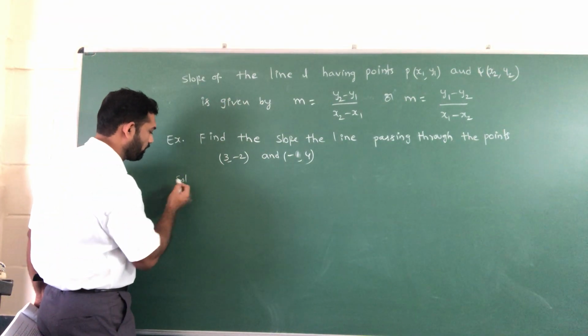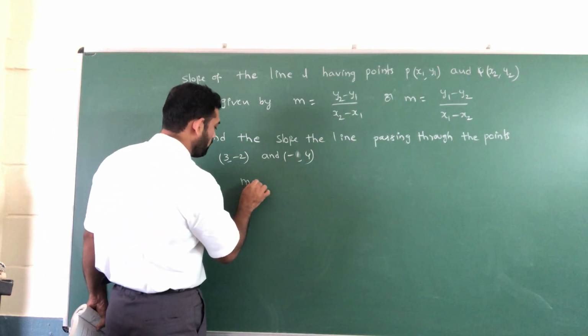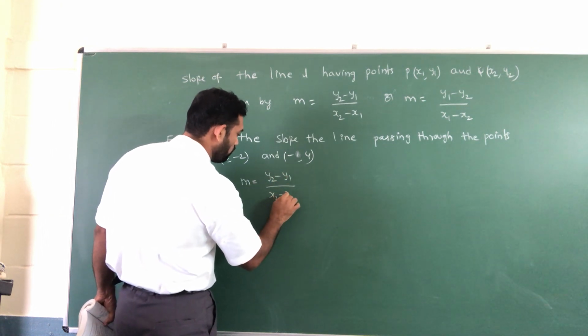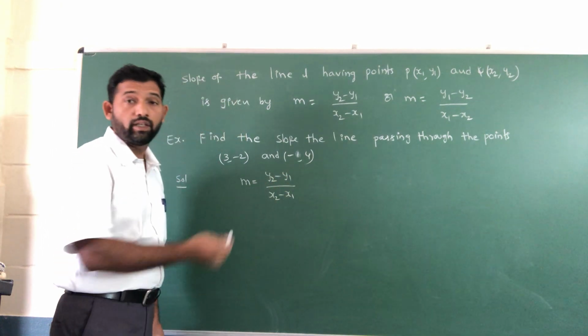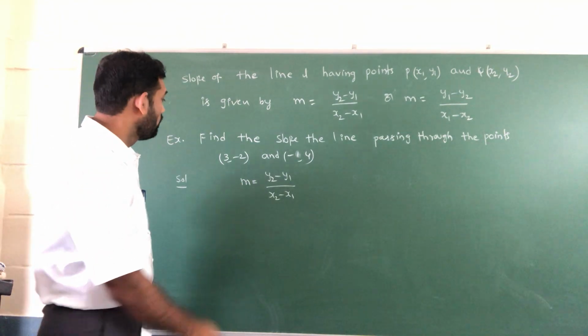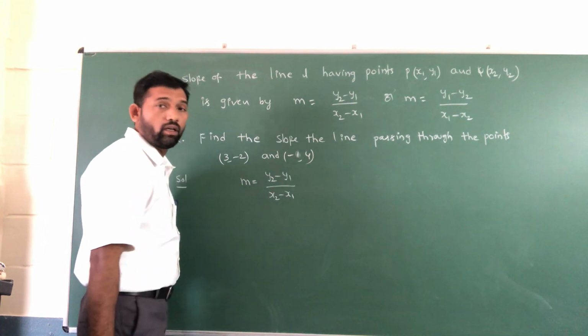Solution. What is the slope formula? m is equal to y2 minus y1 by x2 minus x1, if they are given 2 points. So this is x1 comma y1, this is x2 comma y2.